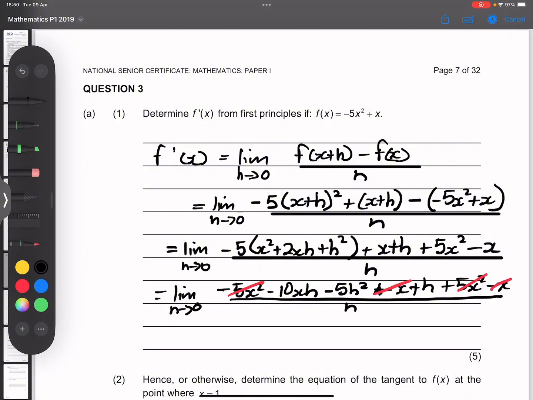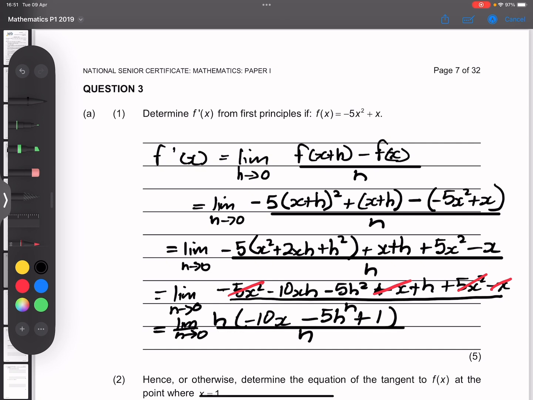I can now take out h as a common factor. So in this case, I'm left with minus 10xh, and if I take h out as a common factor, so limit as h tends to 0, h times (minus 10x minus 5h plus 1), all of this divided by h.